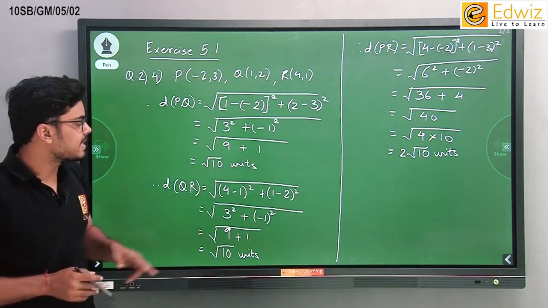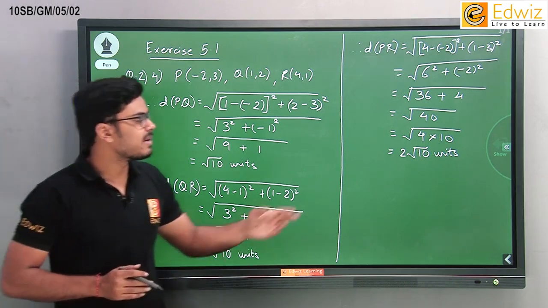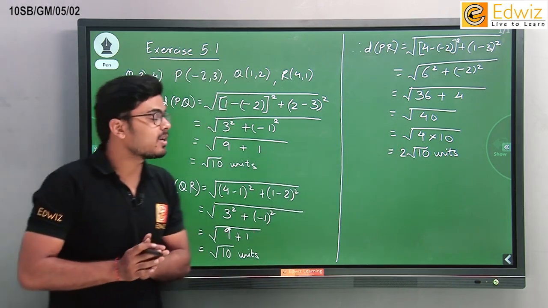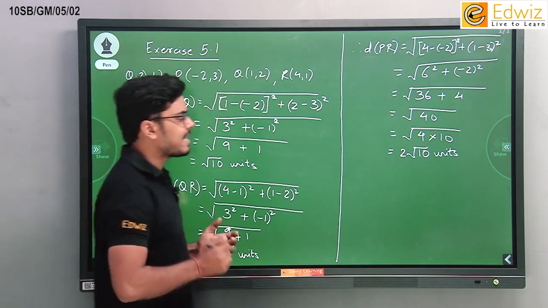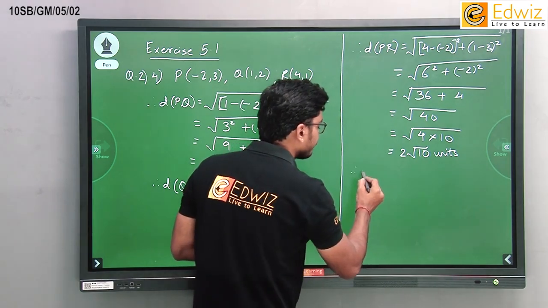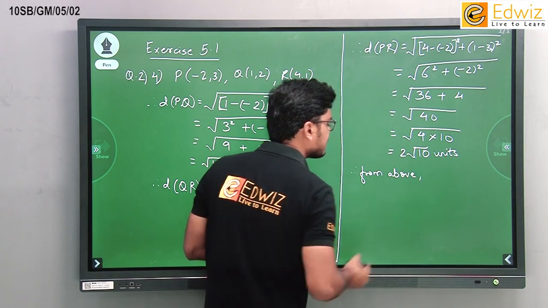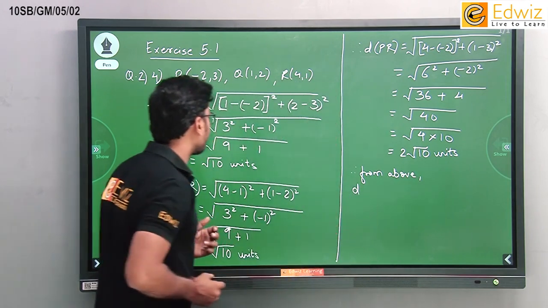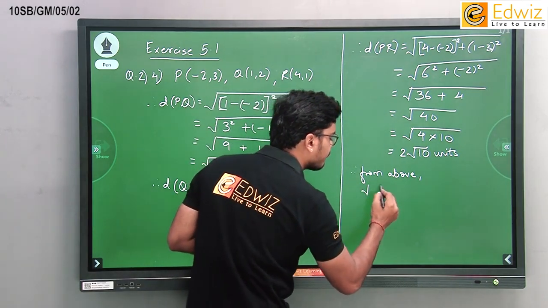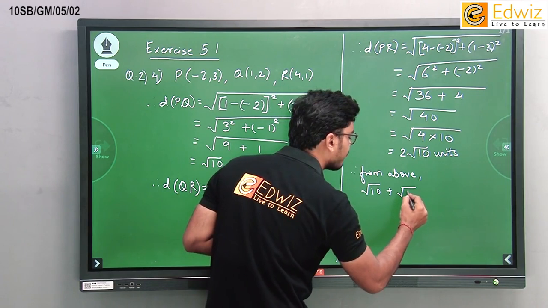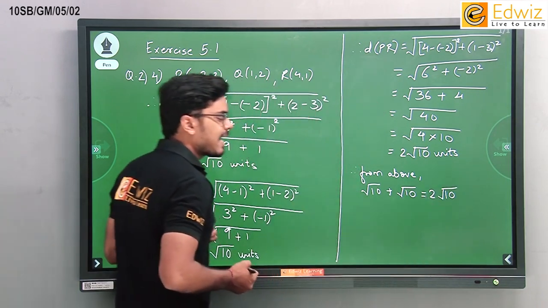Now clearly you can see that root 10 plus root 10, if we add these two distances, we will get 2 root 10. That means what? These points are collinear. As simple as that. So let us write that finally. Therefore, from above, we can say that, first we will write the calculation. Square root of 10 plus square root of 10 is nothing but 2 times square root of 10. That means what?